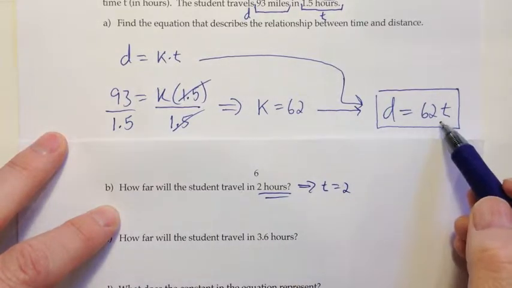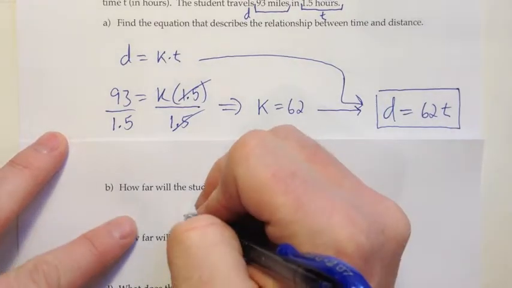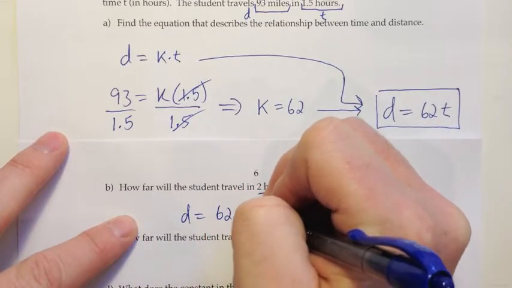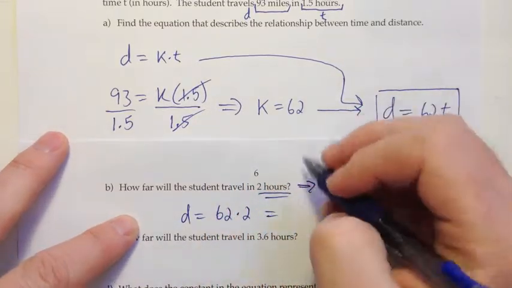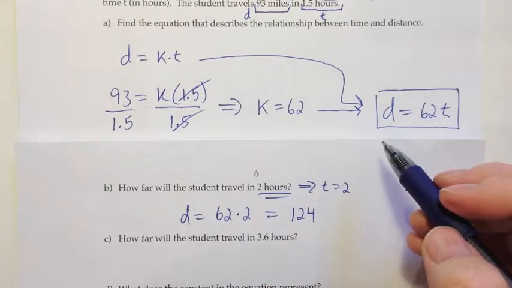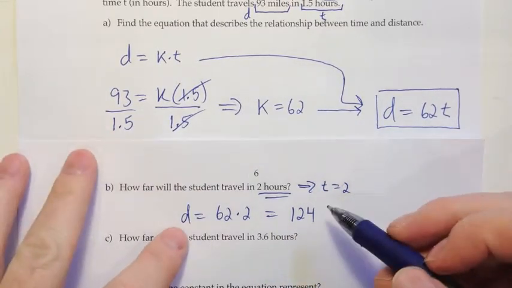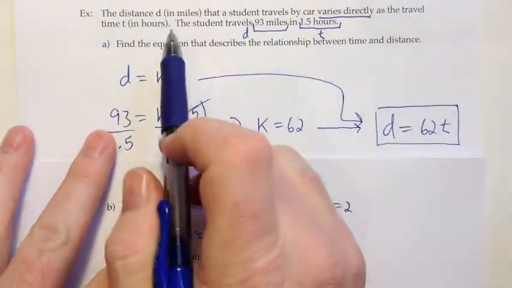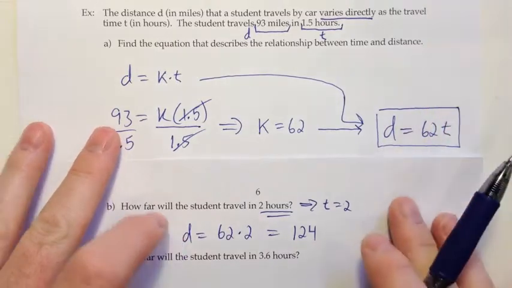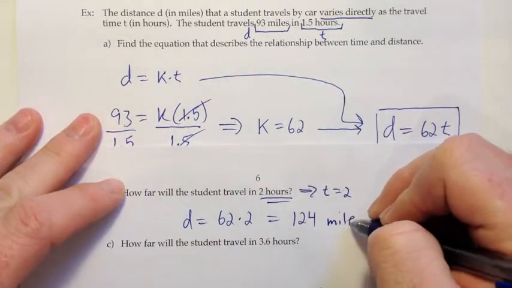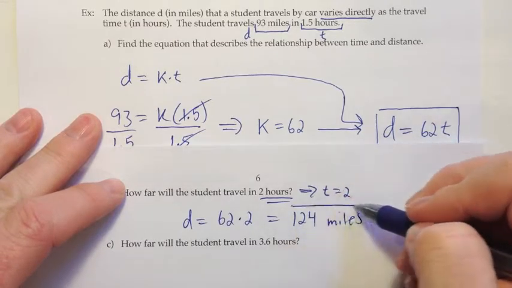We have our equation from the previous page, so we substitute into that and get d equals 62 times 2, and we do that multiplication and we get 124. Then we should think about what the units are. Well, that is the distance d, and back in the original statement of the problem we learned that d was given in miles, so that would tell us that the student would travel 124 miles during that 2-hour time.